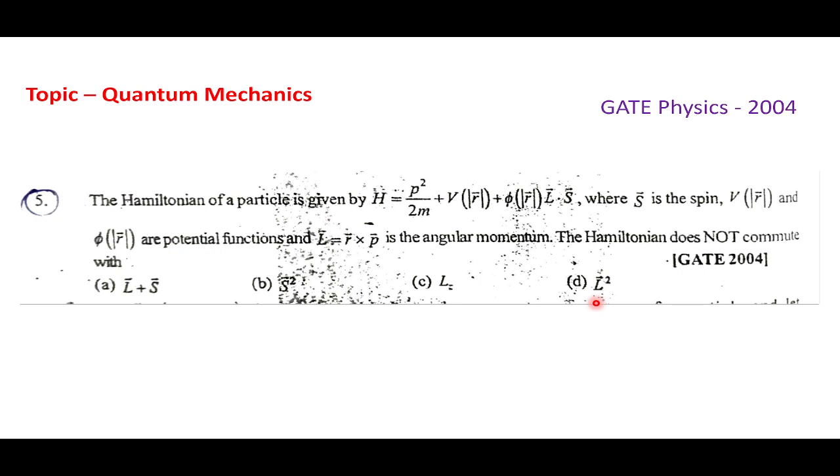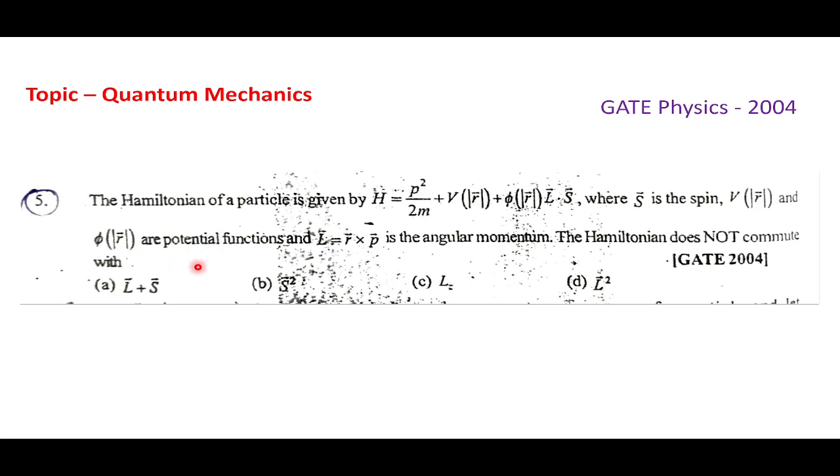This is also an easy question. I hope you'll be able to answer it. The Hamiltonian of a particle is given by H equals p square by 2m plus V as a function of mod r, that is a central potential, plus another central potential term, phi as a function of mod r, times L dot S, where S is the spin of the particle and L is the orbital angular momentum.